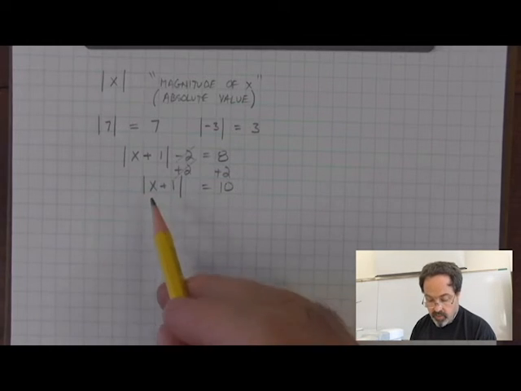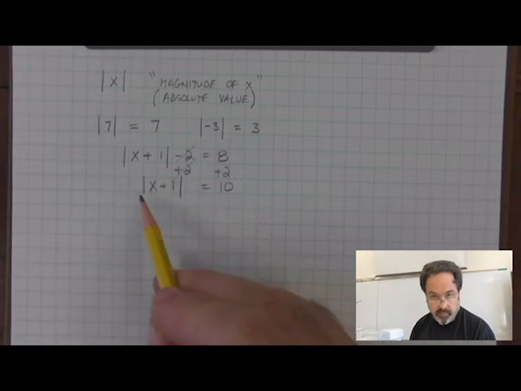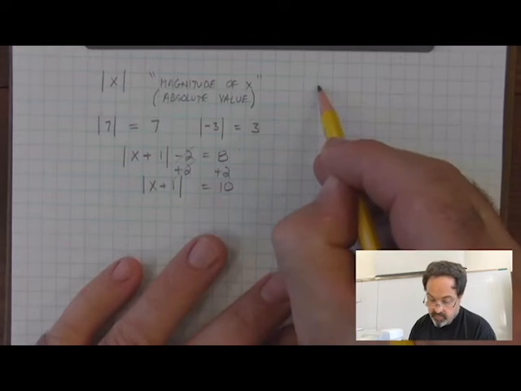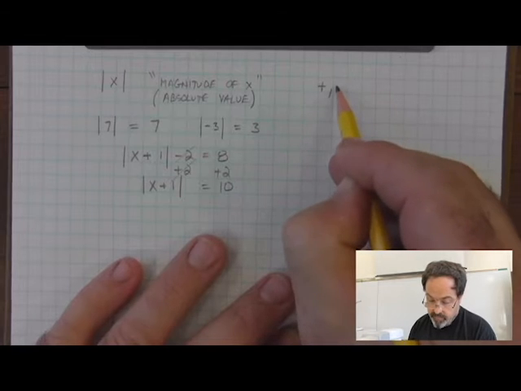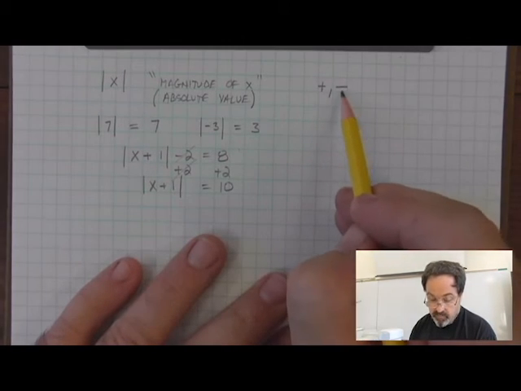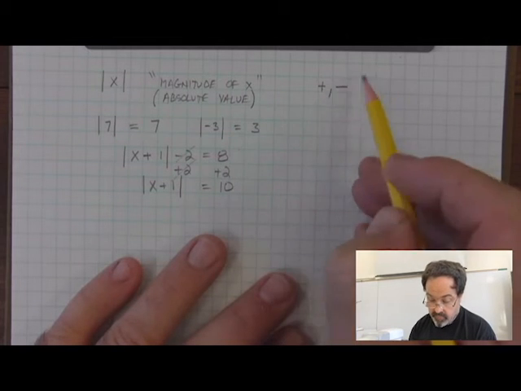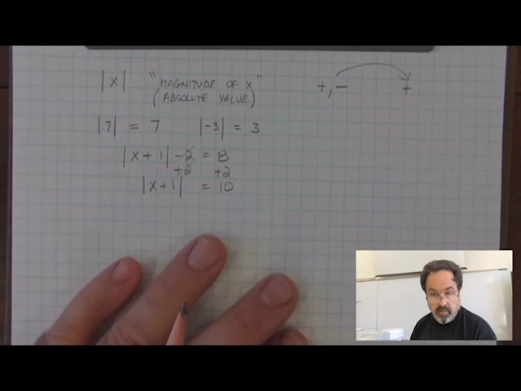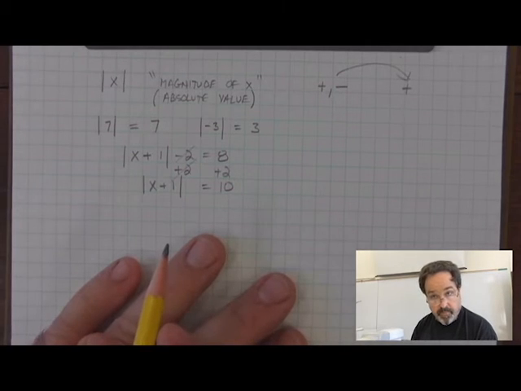I want to undo the absolute value bars. But what's the inverse of that? Let's remind ourselves that as a concept, when we take the absolute value of something, we can have a positive or negative number, and irregardless of the sign, we make it positive. So what's the inverse of that?